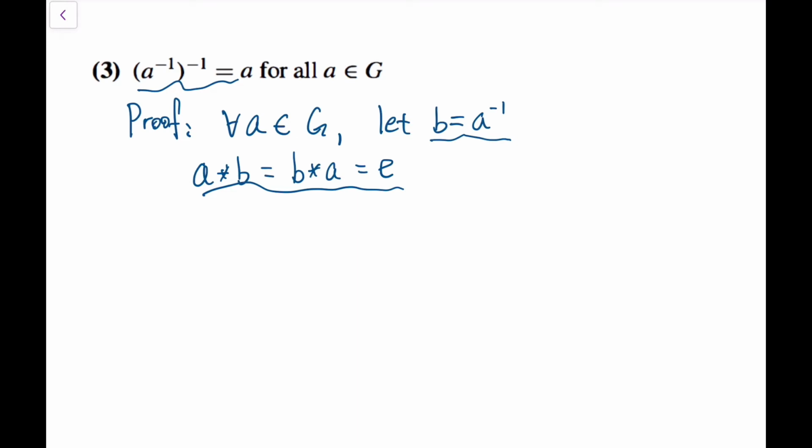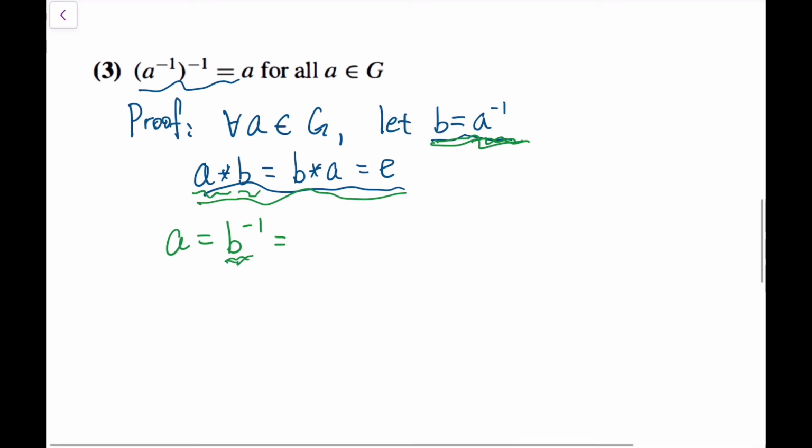And similarly, this equation also says that A is the inverse of B, right? Because B is the inverse of A, A is also the inverse of B. And A is the inverse of B means that A equals the inverse of B. And what is this B? This B here is just the inverse of A, and we substitute this definition to here.